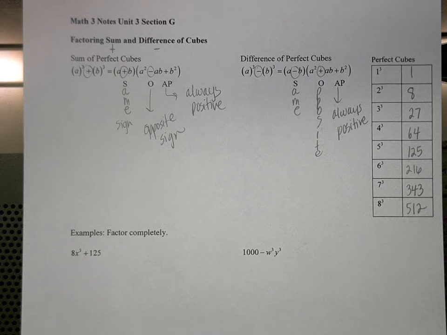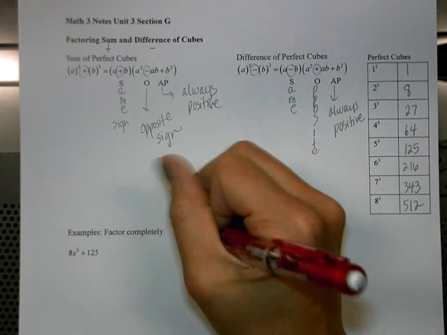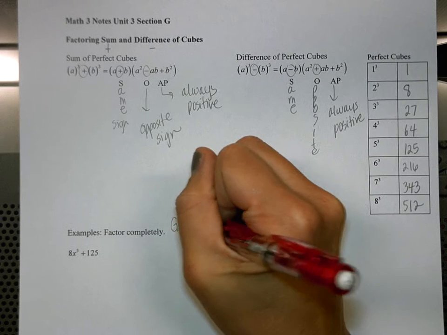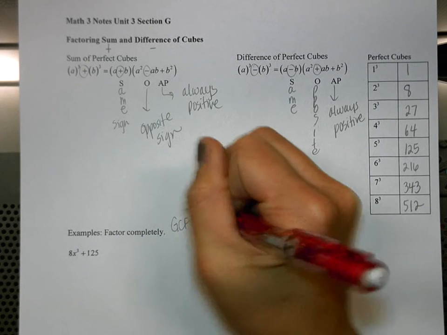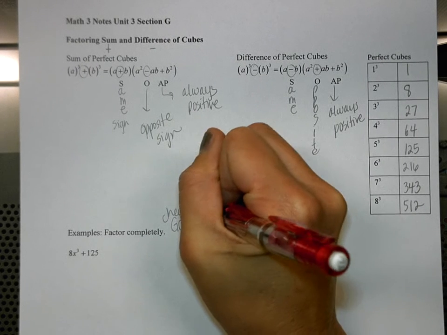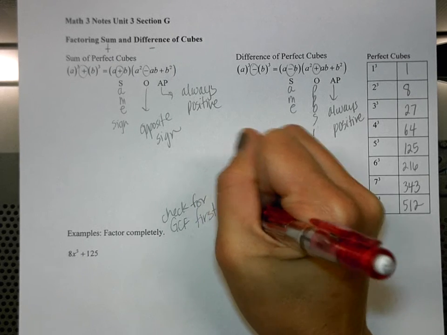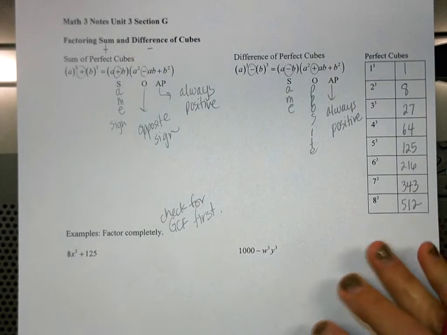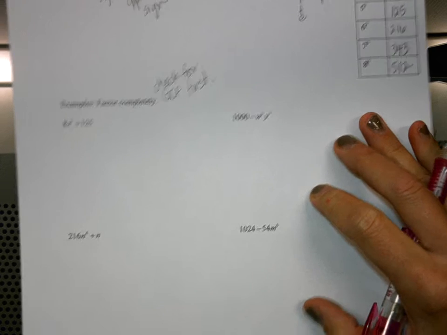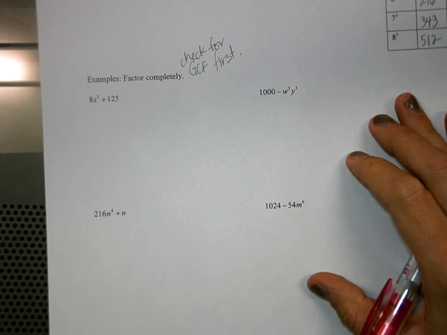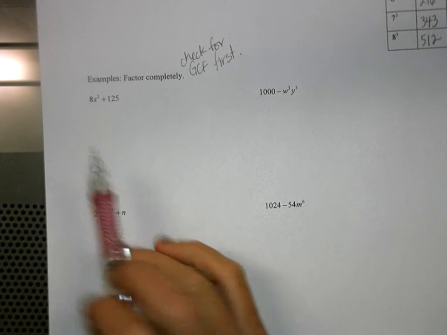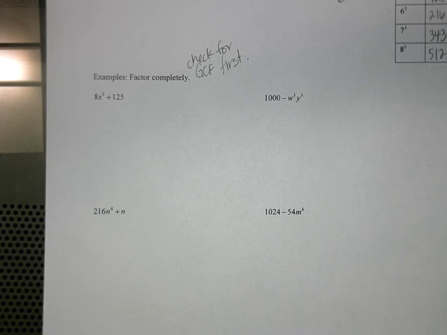Okay, so we're going to get into just kind of attempting these examples. The first thing whenever you're factoring, though, is you always want to check for GCF first. A lot of times it won't be there, but there are some cases where it is. So looking at this first example, is there a GCF?